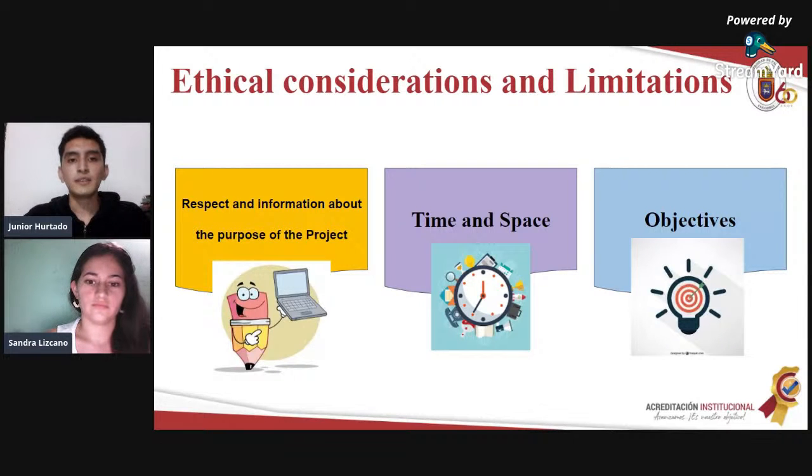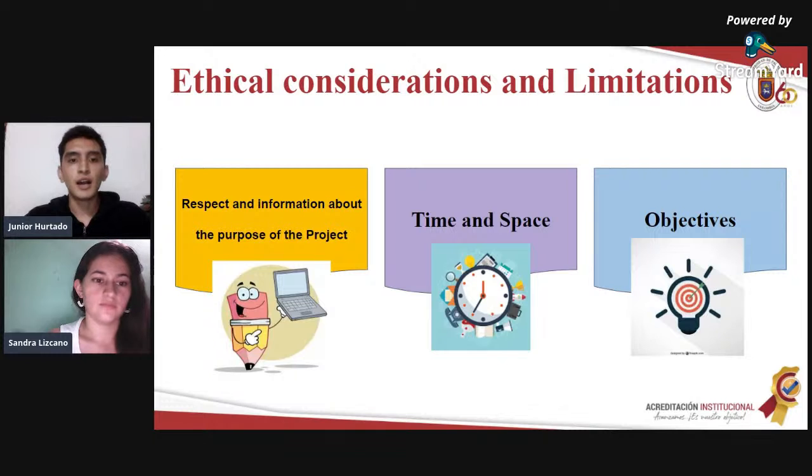In addition, the rights and integrity of the participants are an important aspect that will be taken into account. On the other hand, participation will be voluntary, and they will have the option of leaving the project without any consequences.